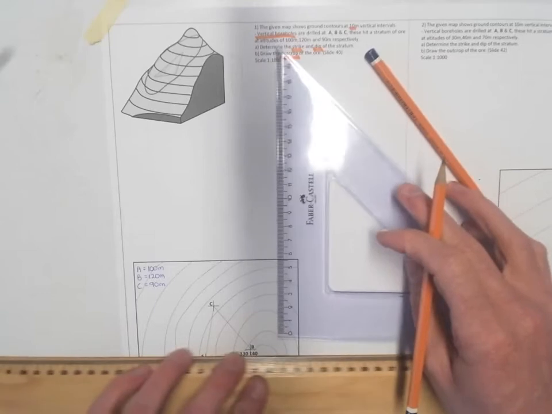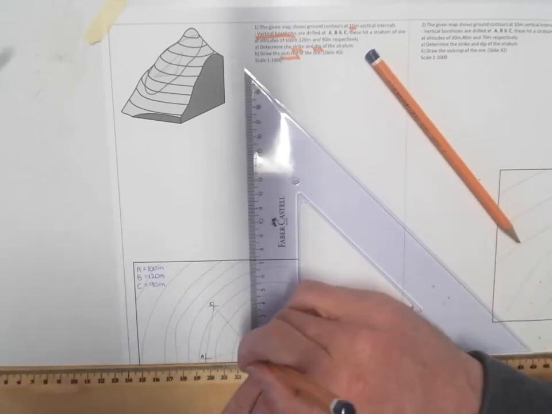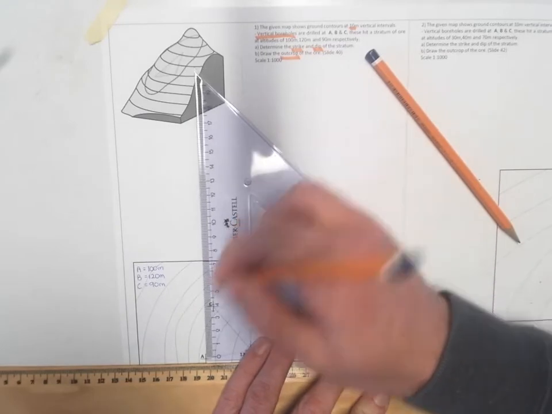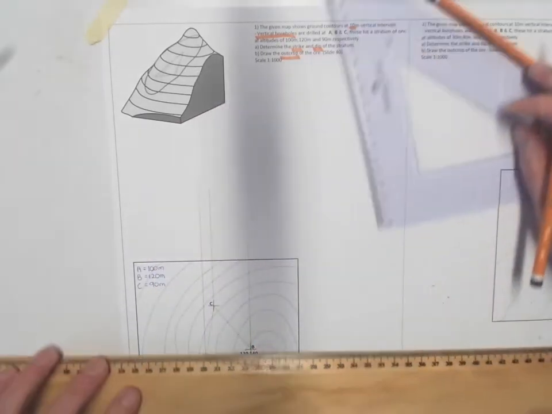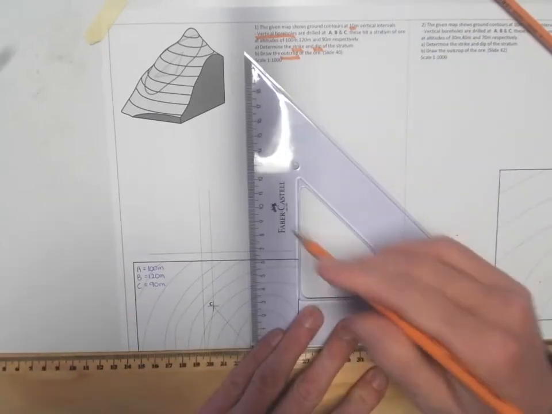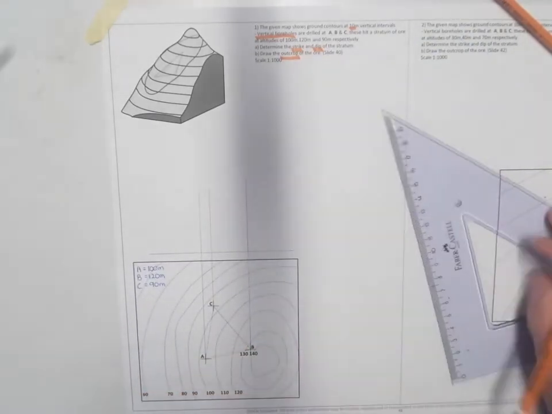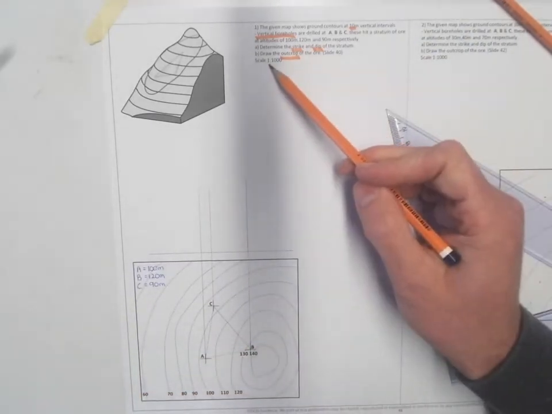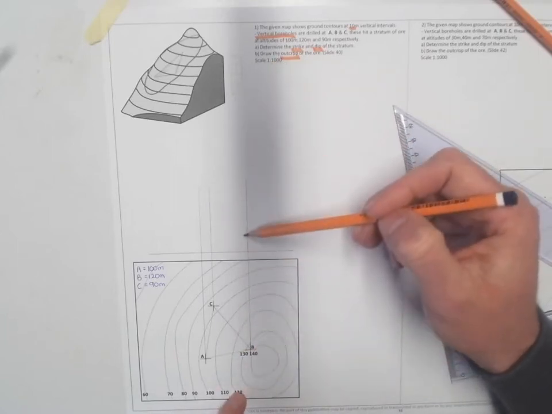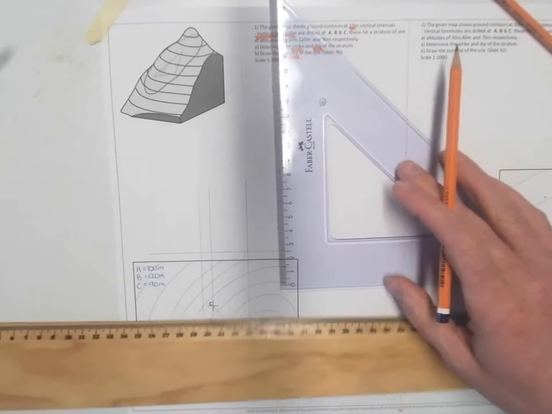We're going to project these up. Set your base. And now again, scale, always read the scale, 1 is to 1,000. It's 10 meters, which means every 10 meters on the map.